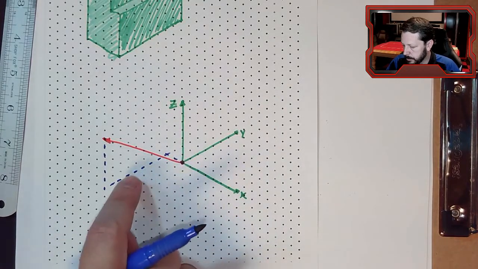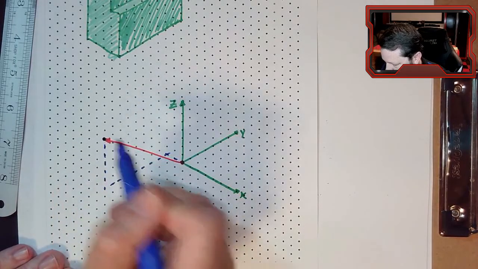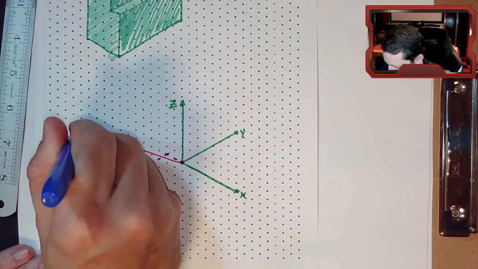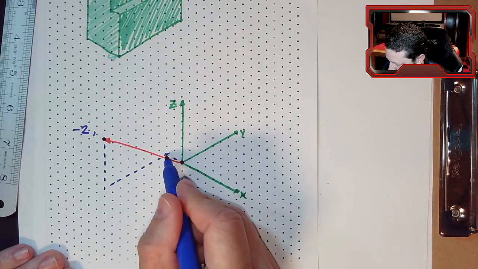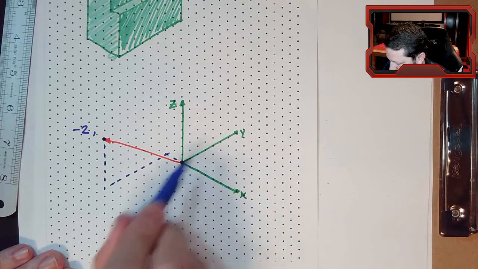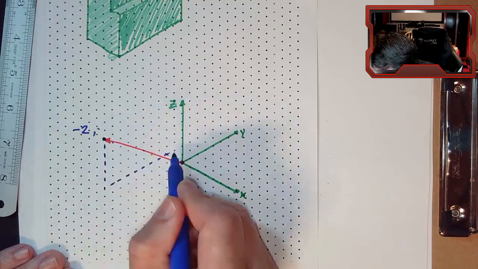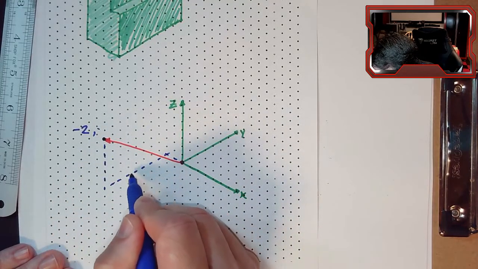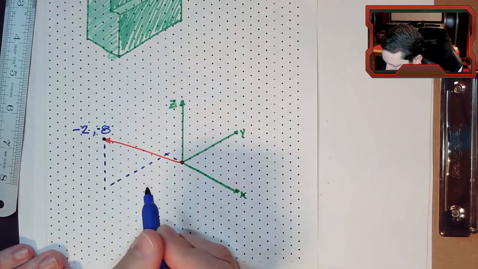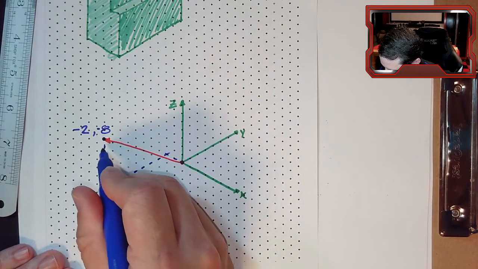And so I can use those three distances to give this endpoint a coordinate set of x is -2, y is negative. Remember, my positive x is this way, positive y is pointing backwards. So negative 1, 2, 3, 4, 5, 6, 7, 8 for the y direction, and I'm in the positive z direction, 1, 2, 3, 4, 5, 6.